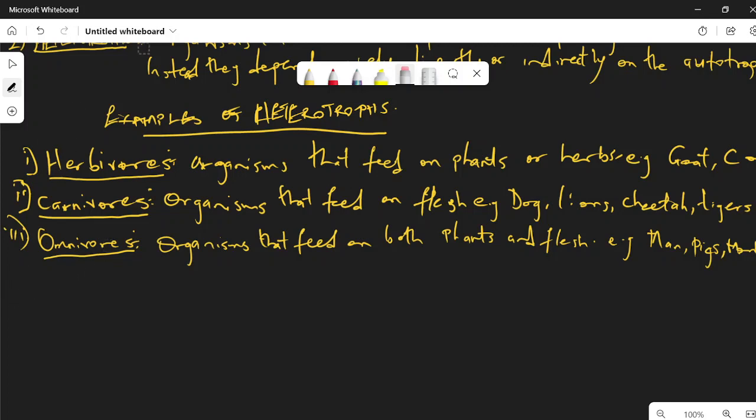Let us quickly look at this one called the decomposers. So what are decomposers?